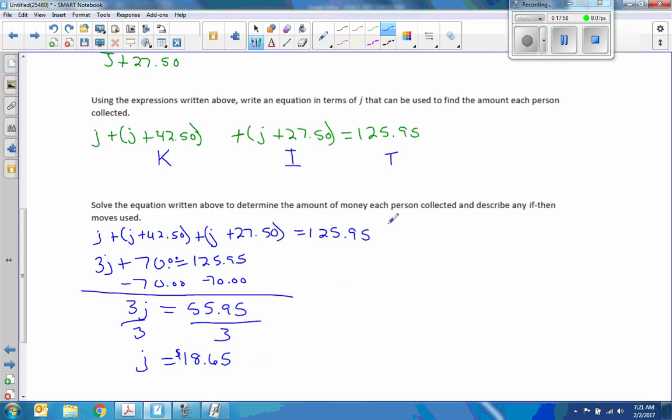Okay? So on this step here, any order, any grouping, okay? This one here, subtract 70 from both sides. Oh, I combine like terms.